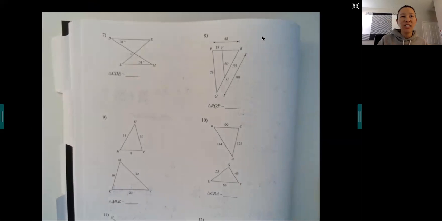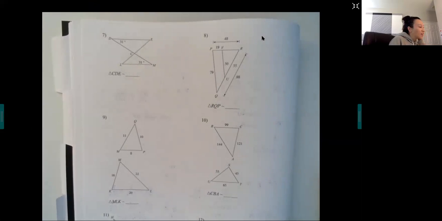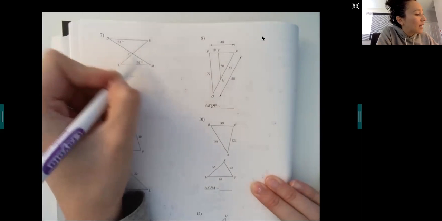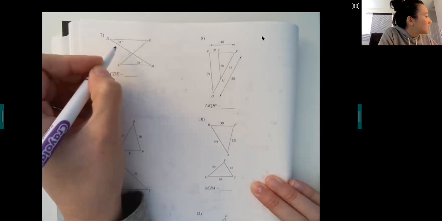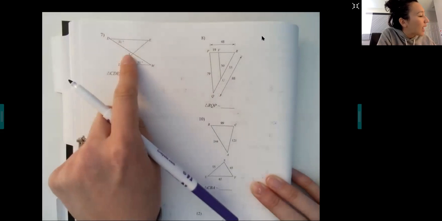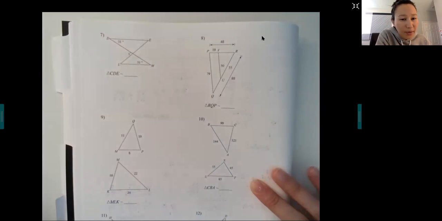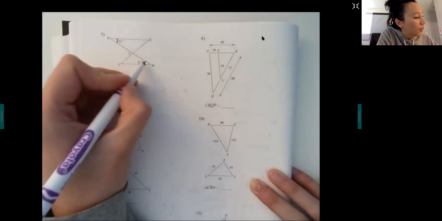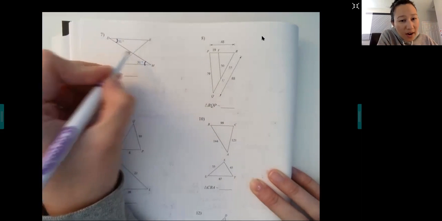Okay, Jose, how did you do on number 7 and 8? I didn't really get far because I was having a hard time understanding. Okay. And I know you weren't here for the notes. So it looks like for number 7, all they gave us is an angle, but they didn't give us any sides. So we're looking for angle. We know that one angle is congruent, and then is there another angle that is congruent?